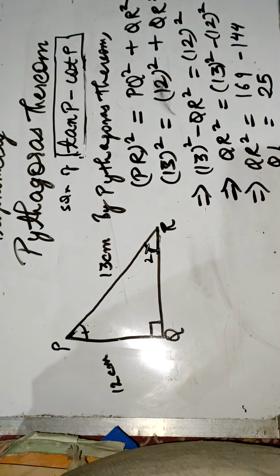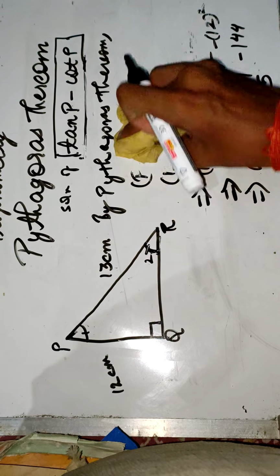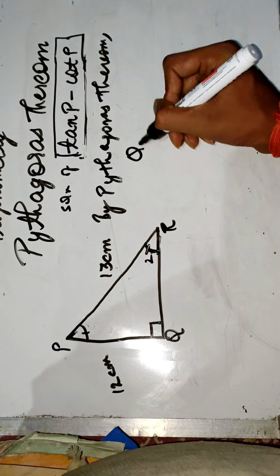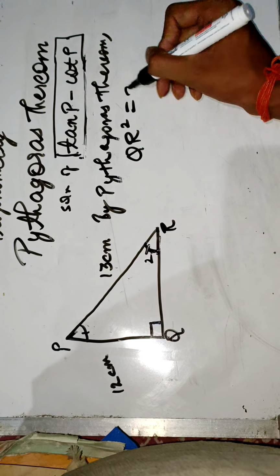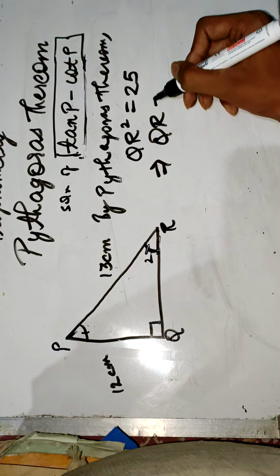So what can we say about the value of QR? As we have calculated that QR square was 25, the value of QR will become what?